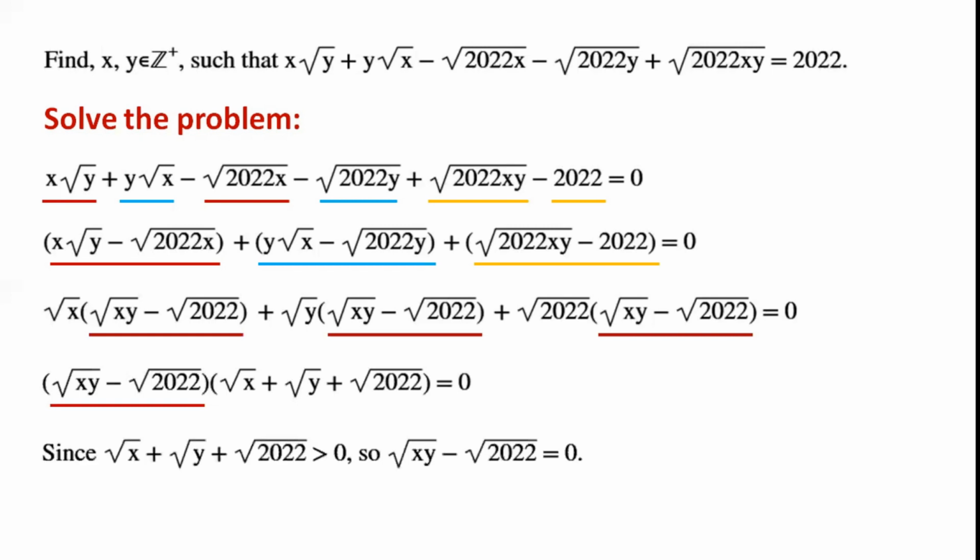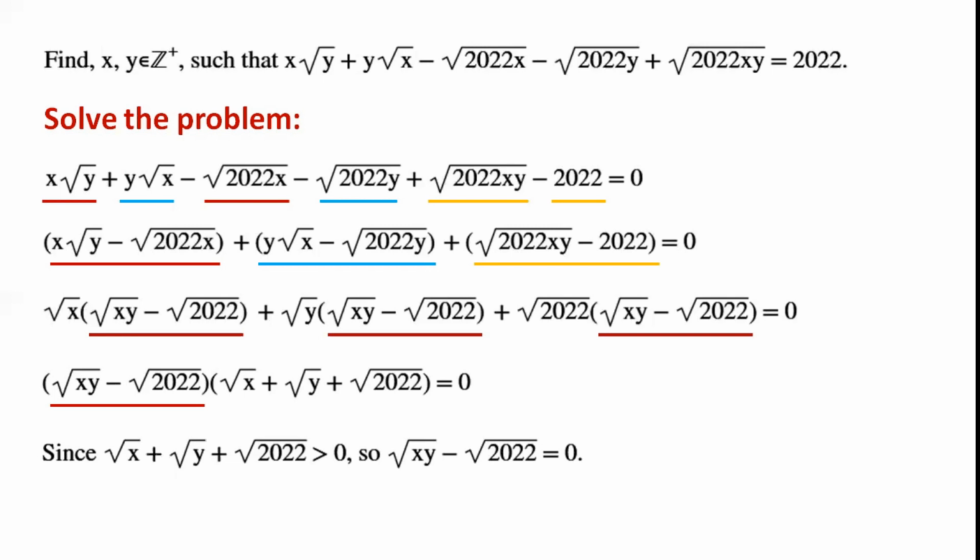So either √(xy) − √2022 = 0, or √x + √y + √2022 = 0.